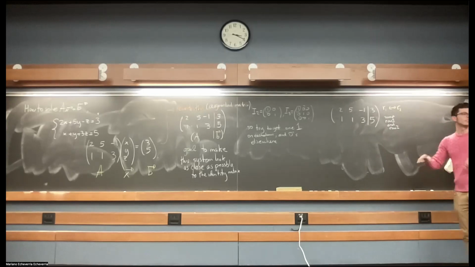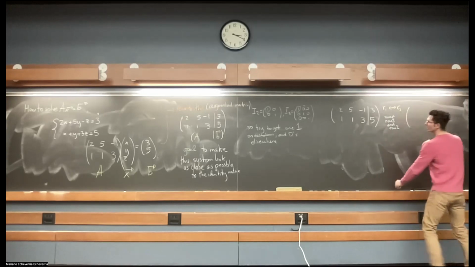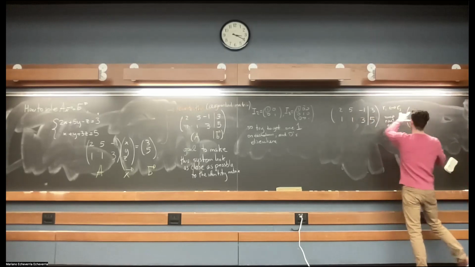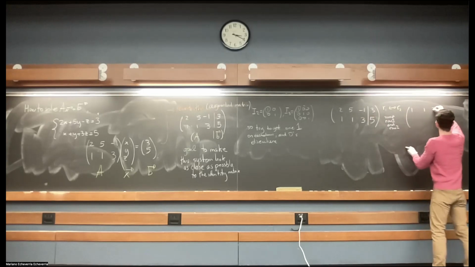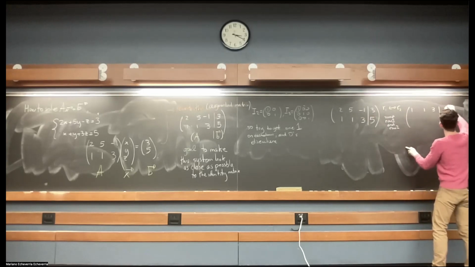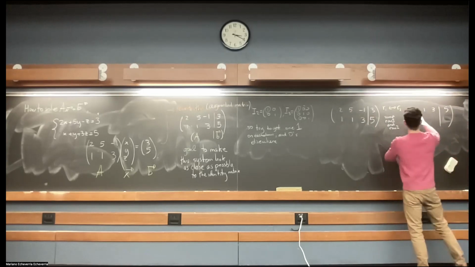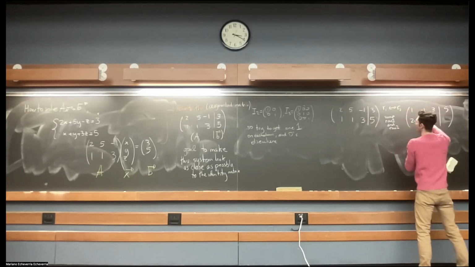So it's just changing your mind about which one is the first equation and which one is the second equation. The second becomes the first, so you put 1, 1, 3, 5, and the first one becomes the second, so you put 2, 5, -1.